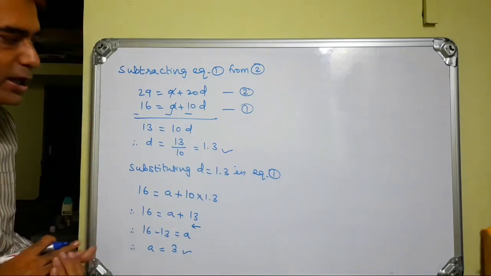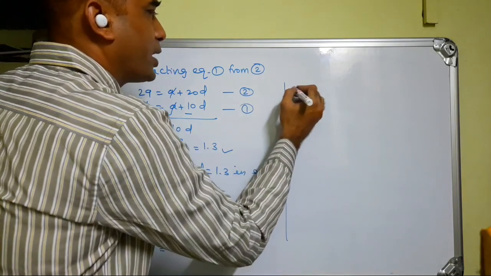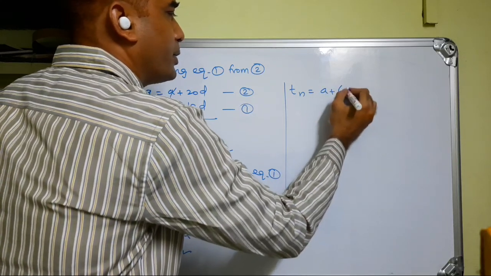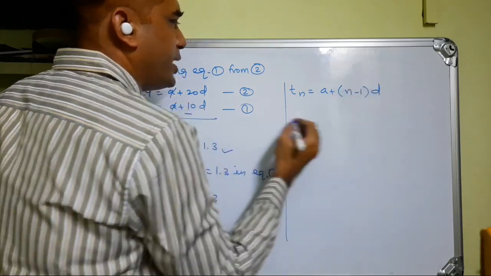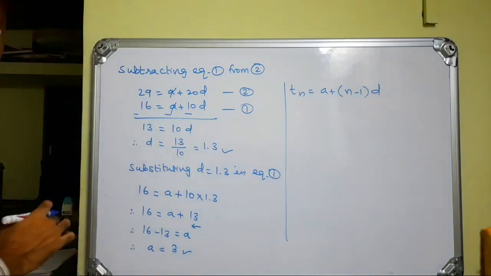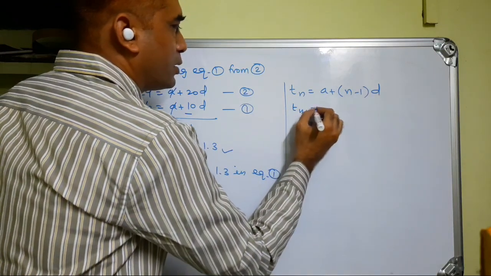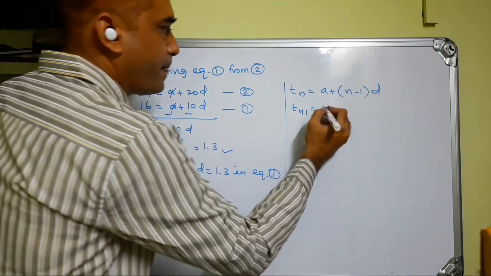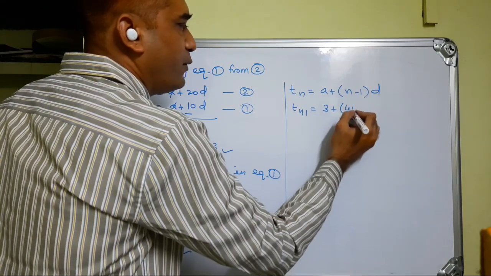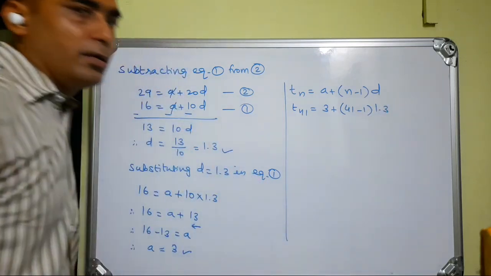Now we will substitute these values again in the formula. Again the formula is Tn equals A plus (n minus 1) D. Now what was the question? We had to find the 41st term. So T41 equals A is 3 plus (41 minus 1), and D is 1.3.